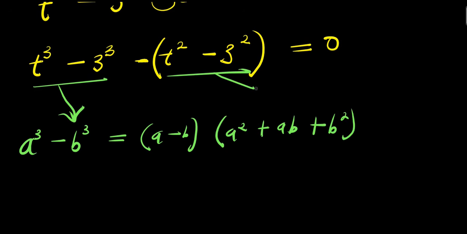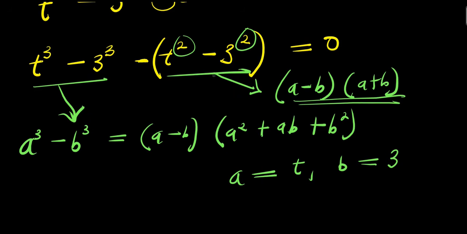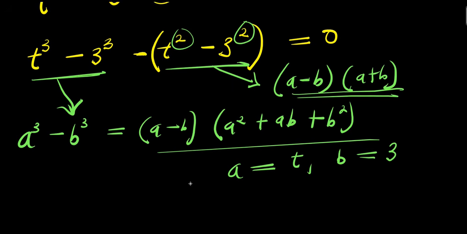For this, we simply make use of difference of two squares, which is a minus b times a plus b, because this is power 2, this is power 2. So if you have a squared minus b squared, it will give you a minus b times a plus b. In each of these cases, our a is t, while b is 3. So we apply this to expand this, and we apply this to expand this cubic expression.